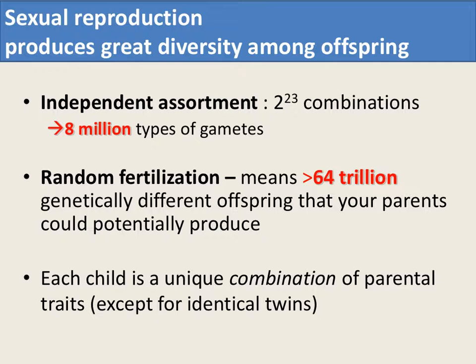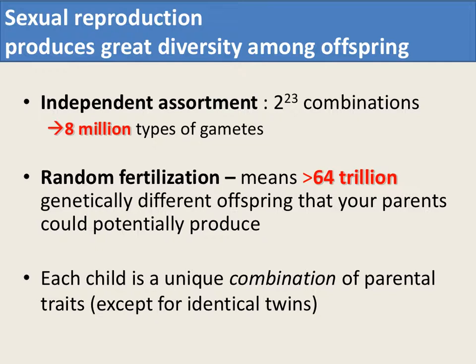Now, because there's also random fertilization, in other words, which gamete gets to the egg, you can actually have 64 trillion individual zygotes in terms of the genes and the alleles they have.